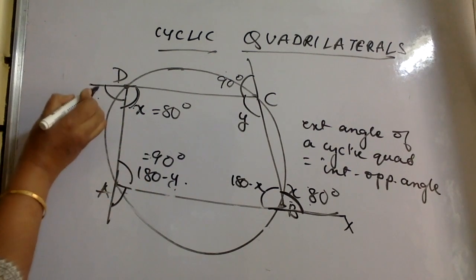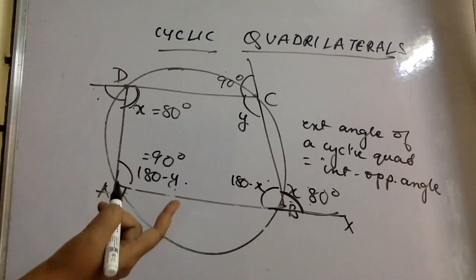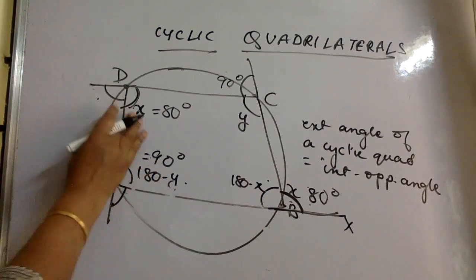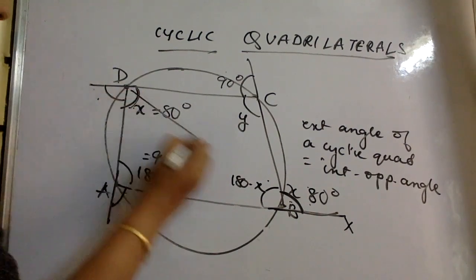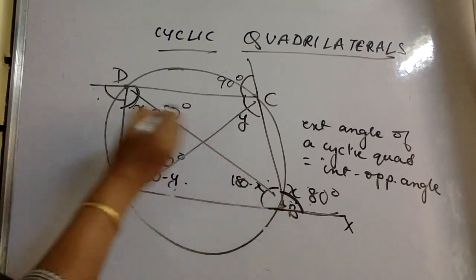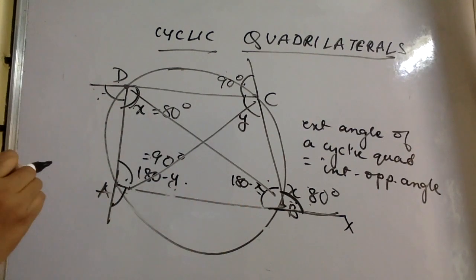If this is 70 degrees, this is 70 degrees, like that it goes. So a cyclic quadrilateral has these two rules. One is that opposite angles of a cyclic quadrilateral add up to 180 always, so these two make a supplementary pair. The other is that the exterior angle equals the interior opposite angle, like that.